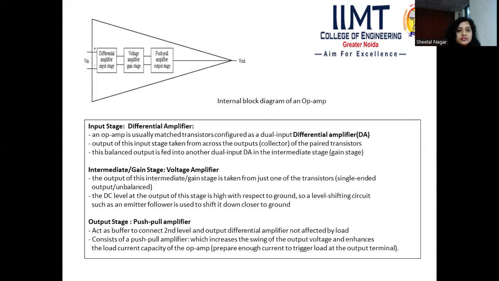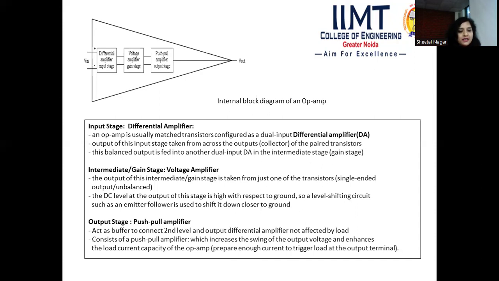The output of this intermediate stage is taken from just one of the transistors, single-ended. The DC level at the output of this stage is high with respect to the ground, so a level shifting circuit such as the emitter follower is used to shift it down closer to ground.